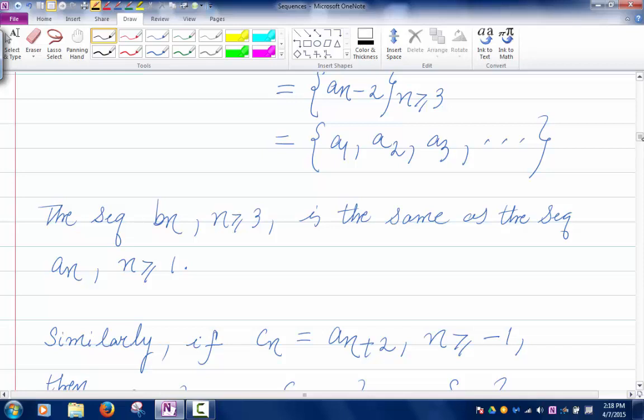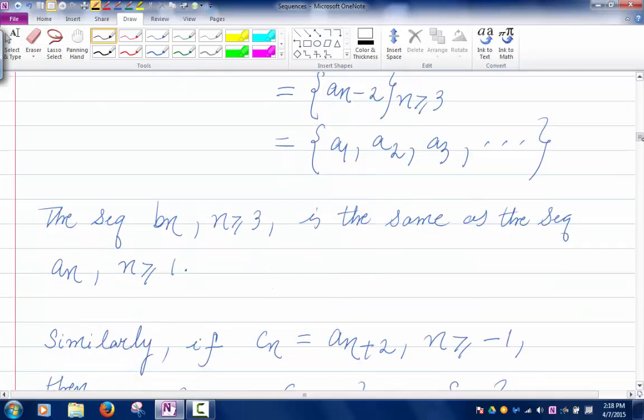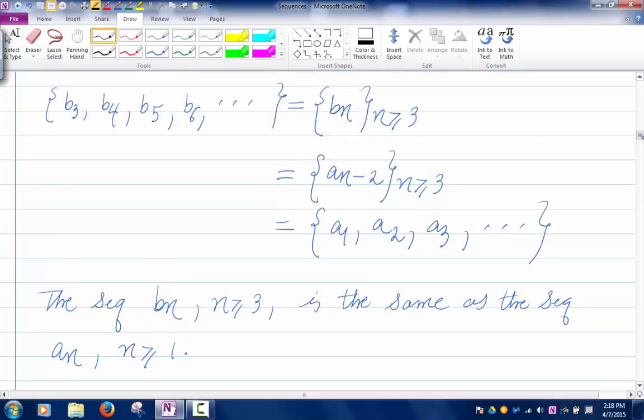So how would I do that? Well, right now my sequence starts at 1 again, and I want to start the sequence at negative 1. So that means two indices backward, right? Then what should I do? Well, I should replace n by n plus 2.